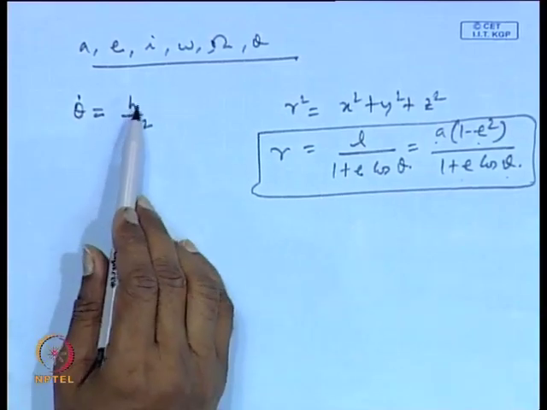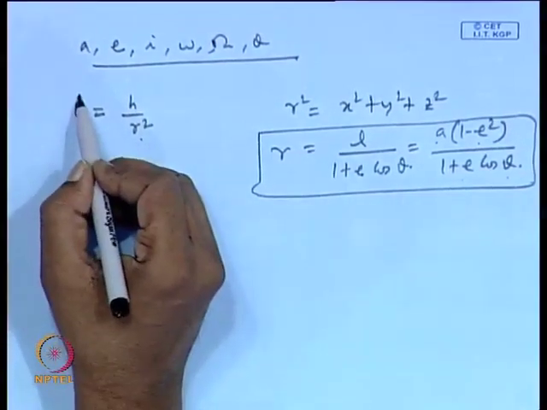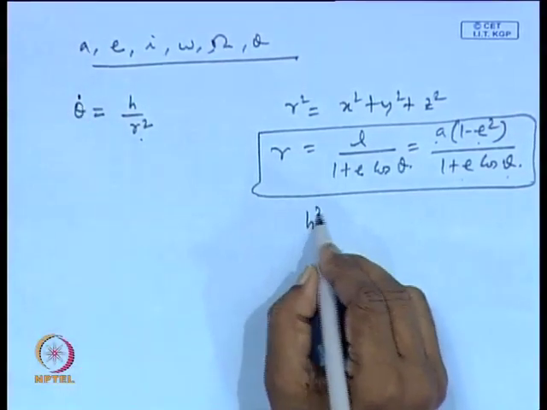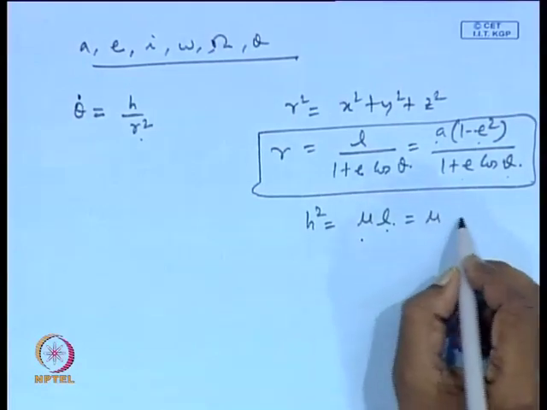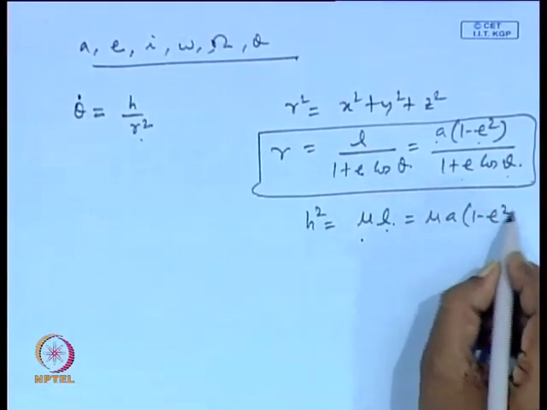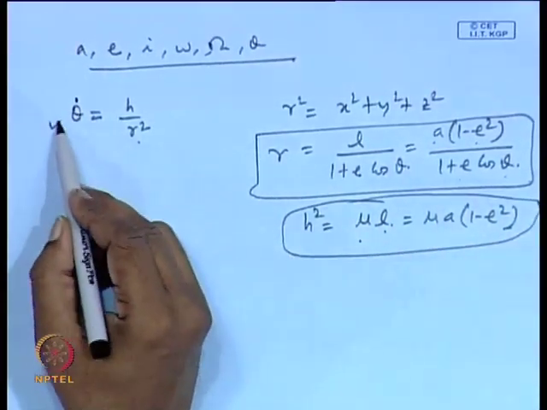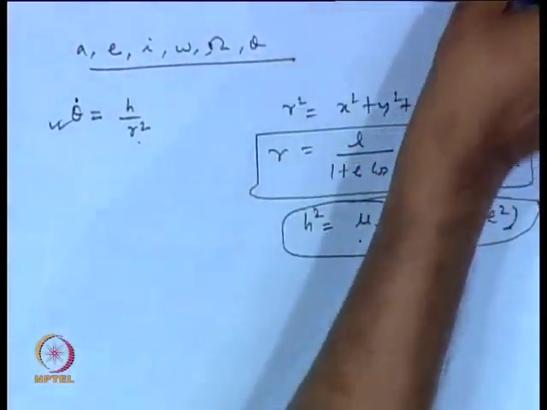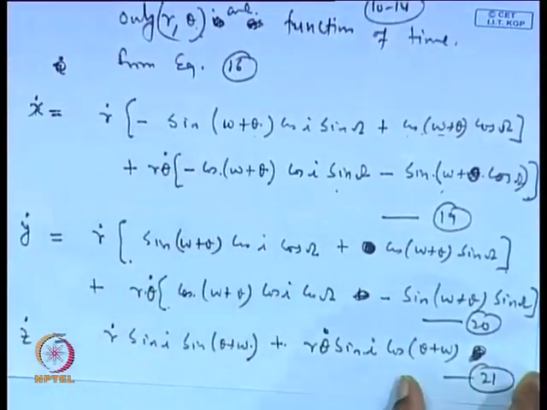Similarly, h can be calculated: h square is equal to mu times L, which is mu times a times 1 minus e square. Mu is known, L is known, so h is also known. So, theta dot can be determined and inserted in all these equations.